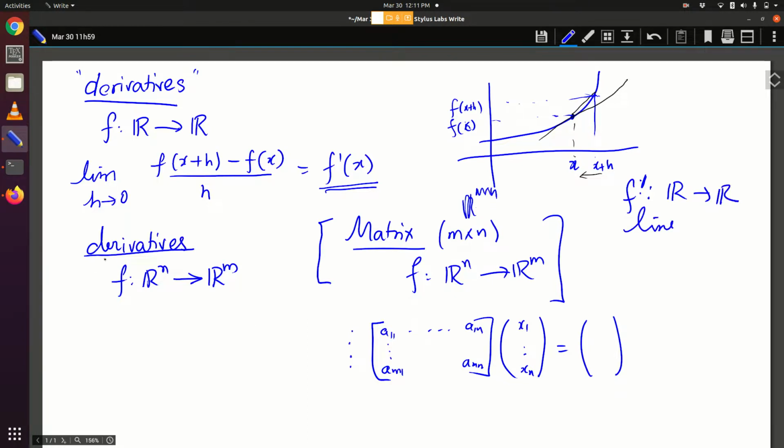When you come to derivatives in R^n to R^m, this f dash will be a matrix from R^n to R^m, with the same shape as this. All right. Now for those of you in the math department, you would have seen this. What is the definition of this?